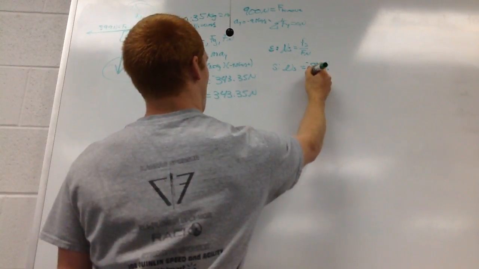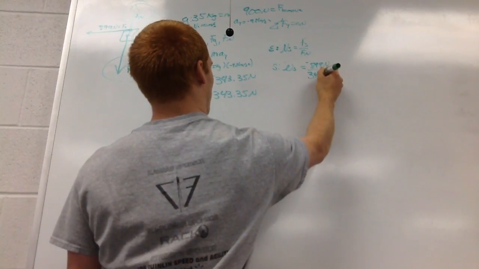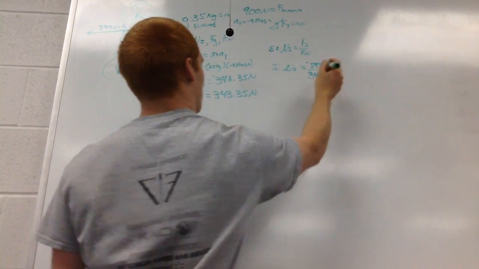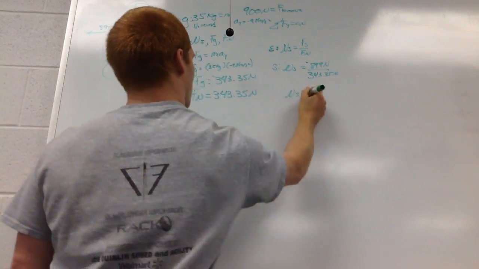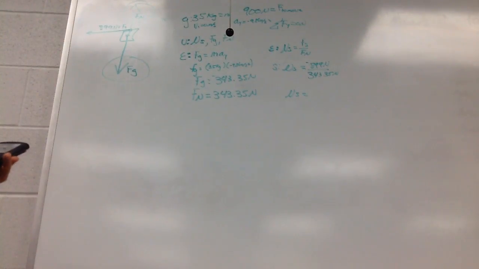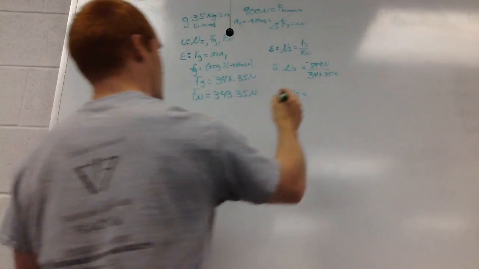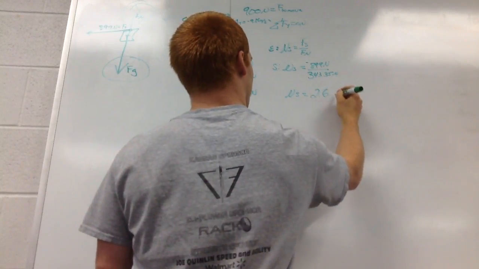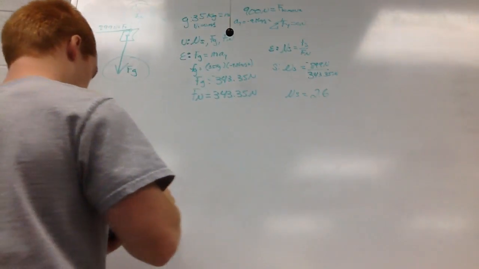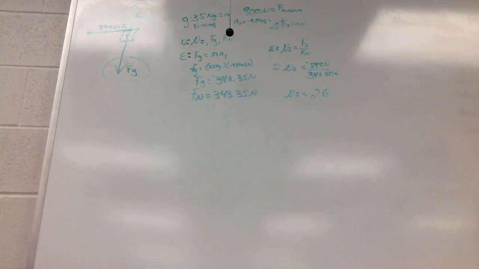Then you divide it by your force normal, which is 343.35 newtons. Your mu s should be a value of 2.6, and it will not have any units, so that would be your answer.